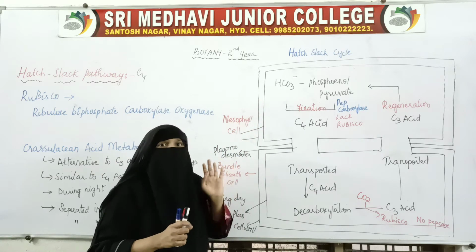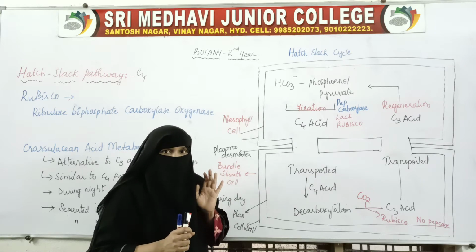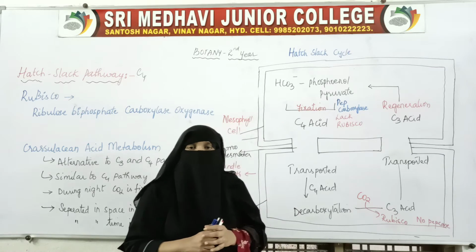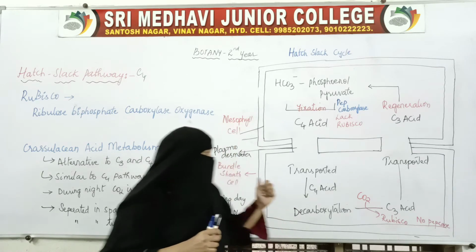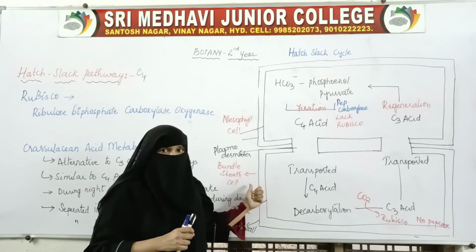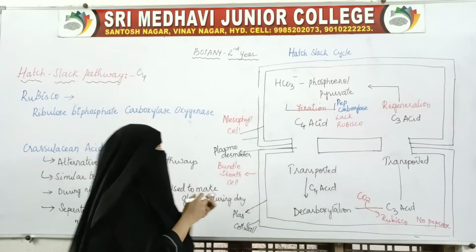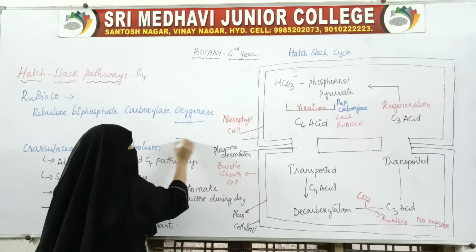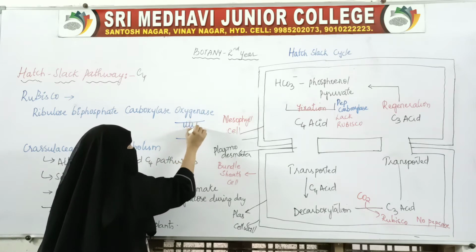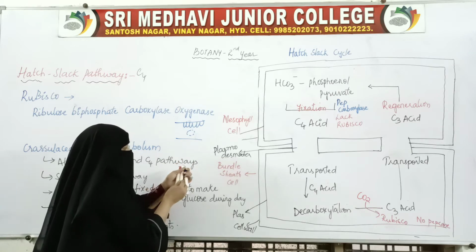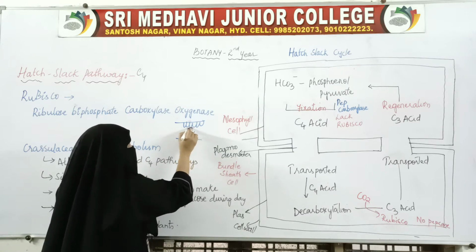So we are talking about the C4 pathway, or the Hatch-Slack pathway. It takes place in C4 plants, and in C4 plants we find these bundle sheath cells, present in the surroundings. For example, if this is the leaf, this is the palisade parenchyma. Here is the vascular bundle and here will be your bundle sheath cells.